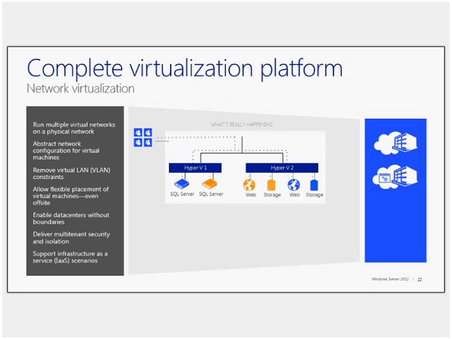It allows flexible placement of virtual machines, even off-site. It integrates nicely with the public cloud, the data center boundaries, multi-tenant security and sandbox, and isolation. It gives it the complete package, if you will, there.